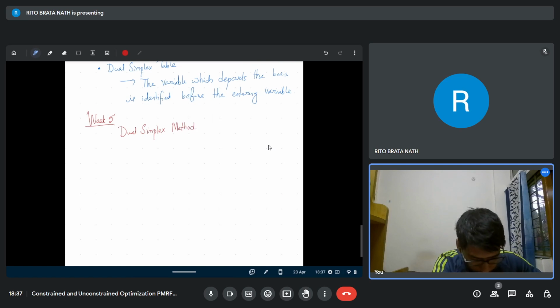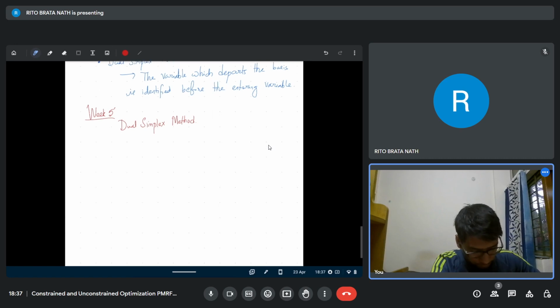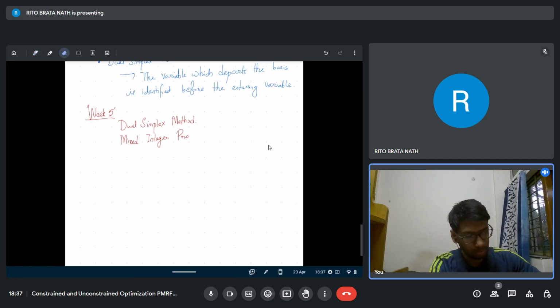Then there were many questions on the dual simplex method itself. Then there was discussion on mixed integer linear programming, MILP.